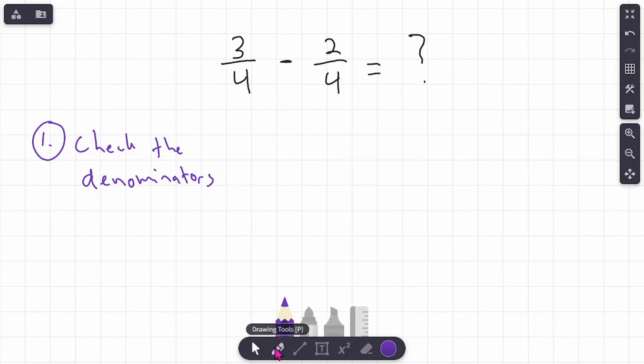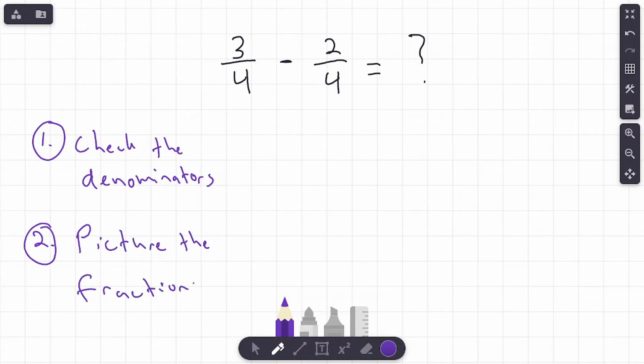Okay. The second thing I want you to do before you start to solve it is picture the fractions. Okay, so I want us just to pause for a second, and I want you to literally picture what this looks like in your head. What does it look like to have 3/4?